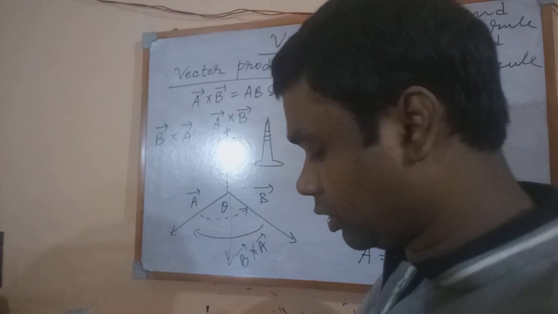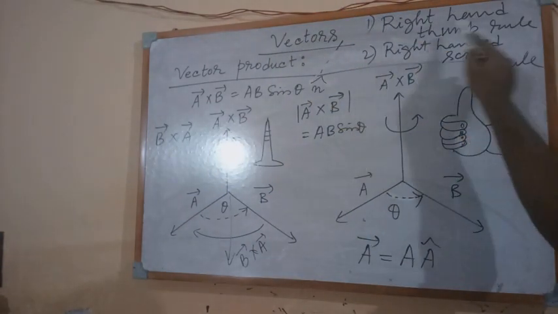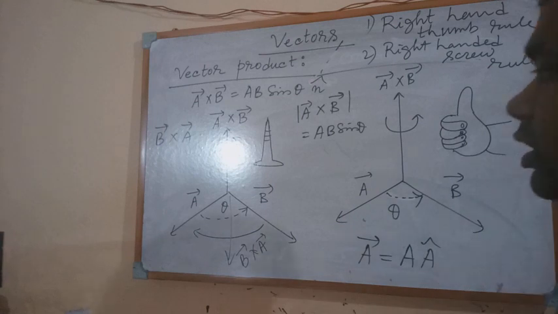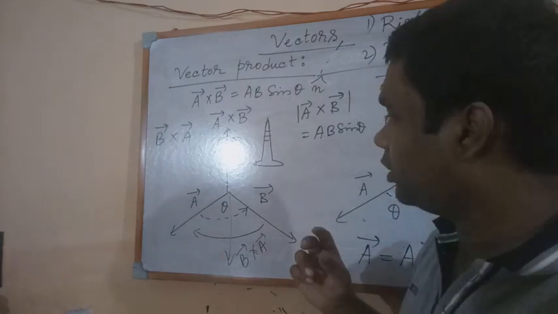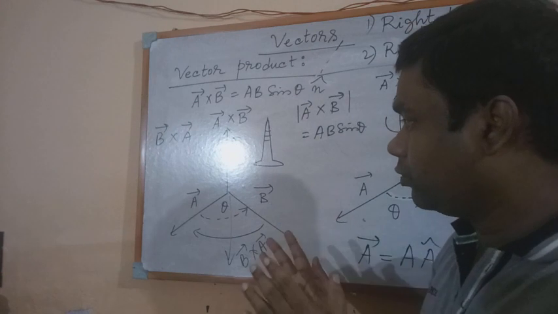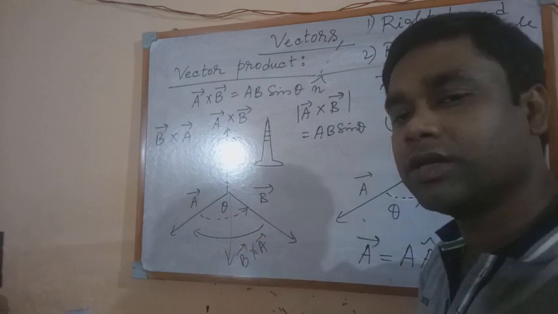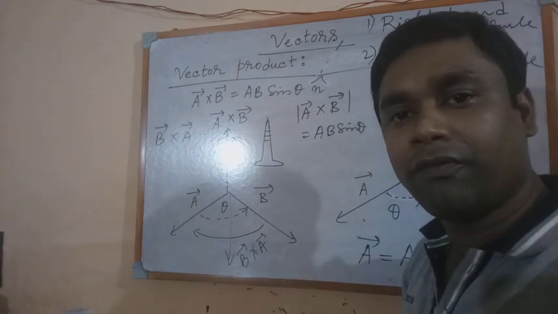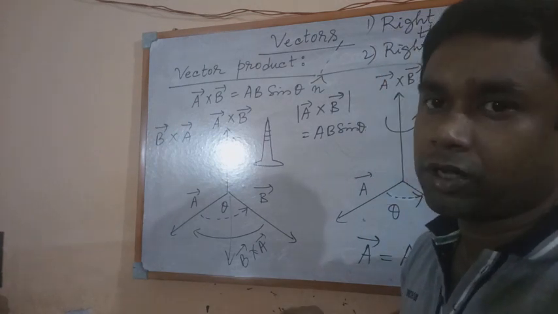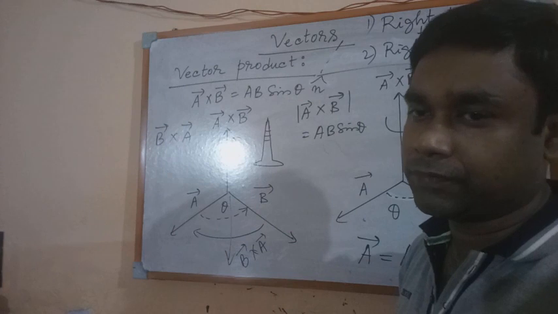This rule is called the right-handed screw rule. If we rotate the screw from one vector to another vector, then the direction of advancement specifies the direction of the cross product of these two vectors.